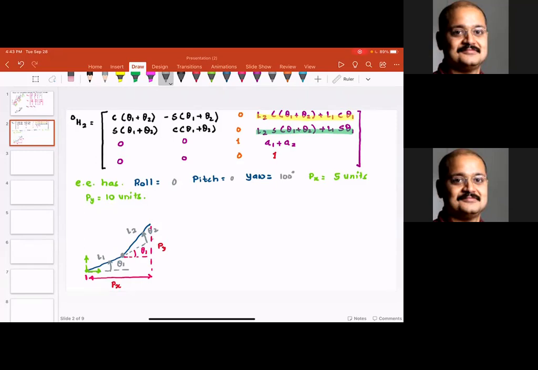And the value of Px is given, Py is given. Please note Pz will always be A1 plus A2. Do you agree with me? So given these, we want to find out what is the value of theta 1 and theta 2.